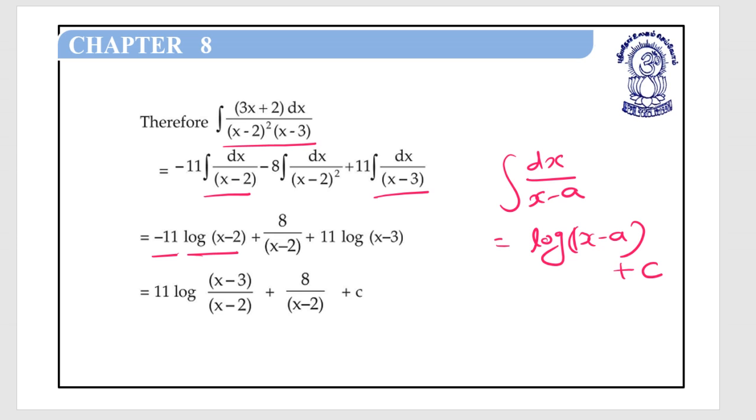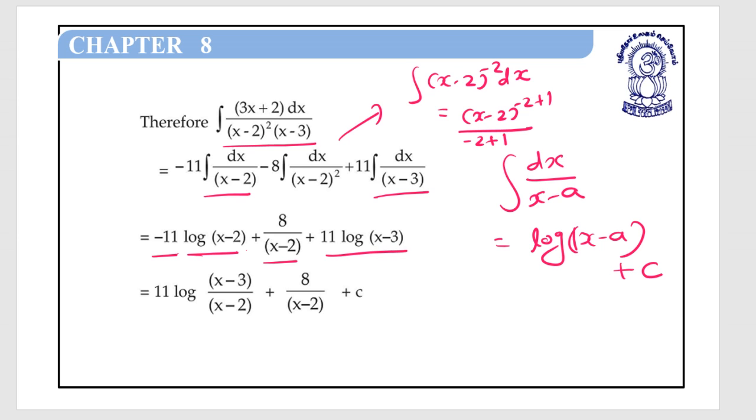So (x minus 2) raised to minus 2 plus 1, dx, gives (x minus 2) raised to minus 2 plus 1 upon minus 2 plus 1, which is minus 1. So minus minus plus 8 upon (x minus 2) plus 11 log (x minus 3).